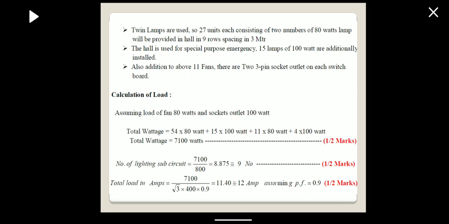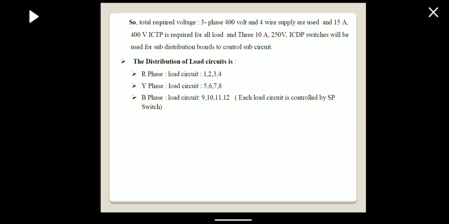Now the number of lighting sub-circuits. So 7100 watt divided by 800 gives 8.875, that means 9 sub-circuits are required. Then the total load in ampere: 7100 divided by root 3 into 400 into 0.9, that means 11.40, which is about 12 ampere, assuming the power factor is 0.9.